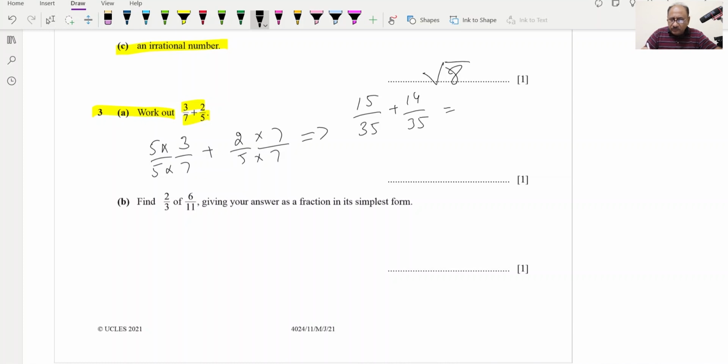Now we can add, this will be 29 over 35, so 29 over 35 will be our final answer.